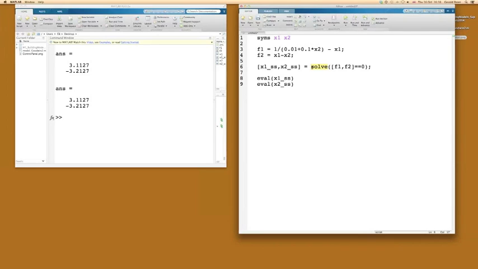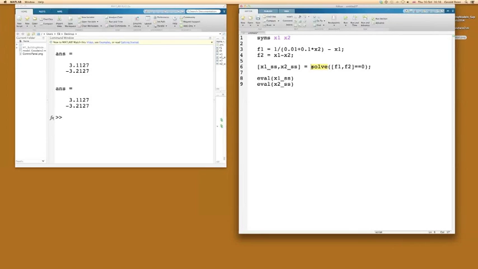Solve is going to give us all situations under which this set of differential equations becomes equal to 0. Right? So there are actually two situations under which this differential equation can become 0, namely one where we have the first value for x1 and the first value for x2, and one where we have the second value for x1 and x2.